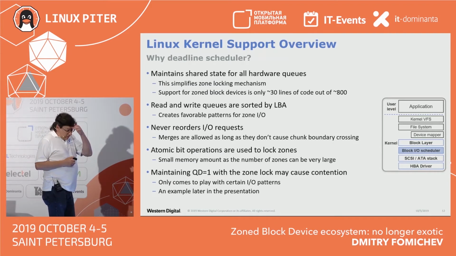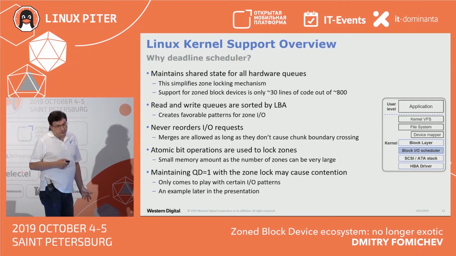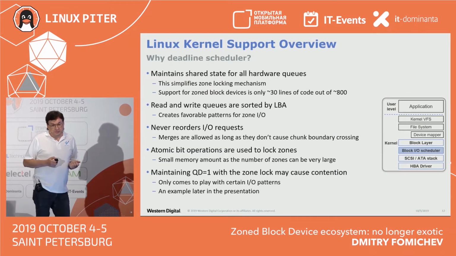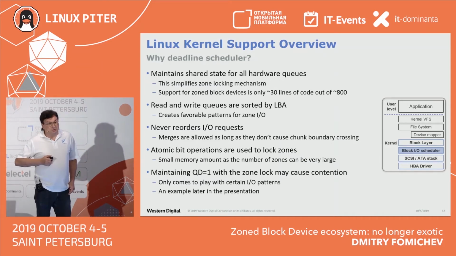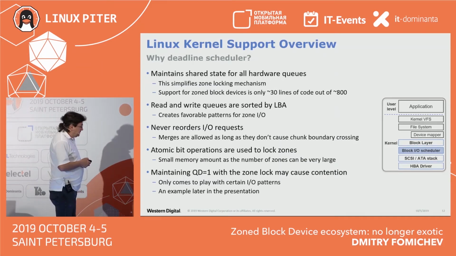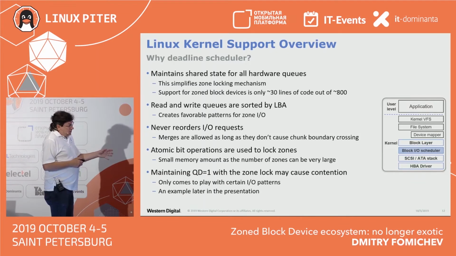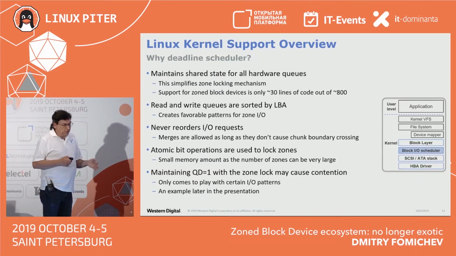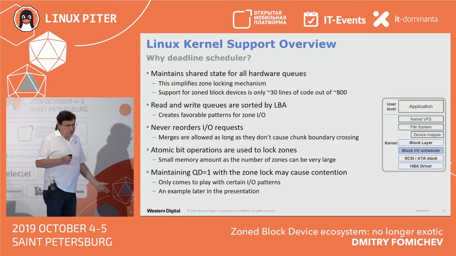One thing is that we're limiting queue depth to 1, so how about performance? What are the performance implications? Well, it's recommended that there should be just one writer per zone, but nothing prevents the application from writing to multiple zones simultaneously.